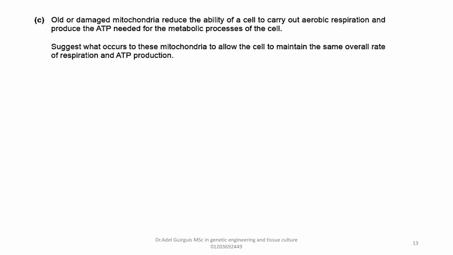They are old, they are damaged, they are senile. Suggest what occurs to these mitochondria to allow the cell to maintain the same overall rate of respiration and ATP production. Look, here with 2 marks.